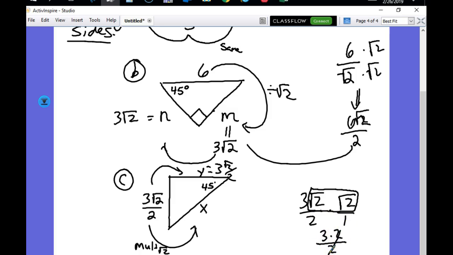Those cancel out. The answer is 3. So x equals 3. So that's how you can find the missing sides of a 45, 45, 90 right triangle.